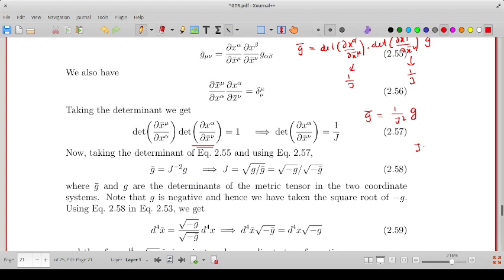Or I can write J square as g by g bar, or J as the square root of g by g bar. Now g is the metric tensor in the spacetime.